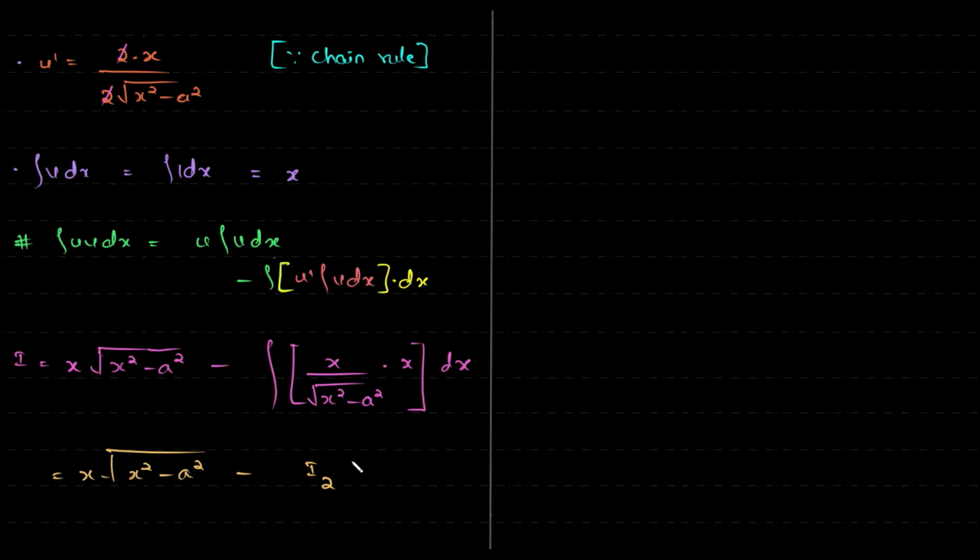Make sense? Okay. So we have I2, which is the integration of x square divided by square root of x square minus a square into dx. So if you guys remember that cycle scenario, that is, we get back I, that's going to happen over here. If you think about it, it's very simple. So what should I do to get that? Go to a situation wherein we get I over here.